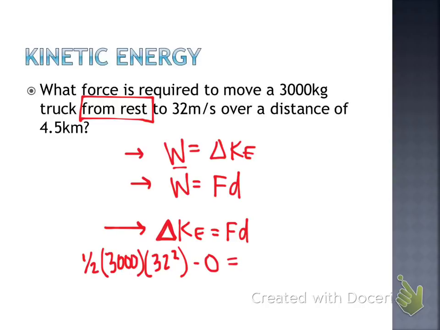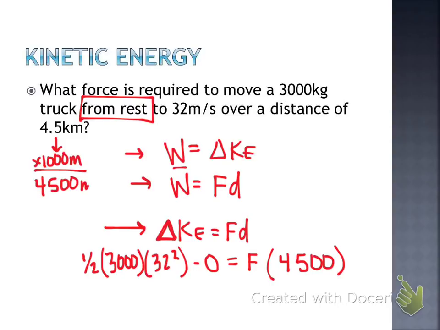Okay, I'm solving for my force, and my displacement is what value? Yeah, we got to change it. So 4,500. Right? We want to take that from kilometers to meters. So to go to meters, we would take it times 1,000. Okay, do we see where all those numbers came from and why they're going where they are?